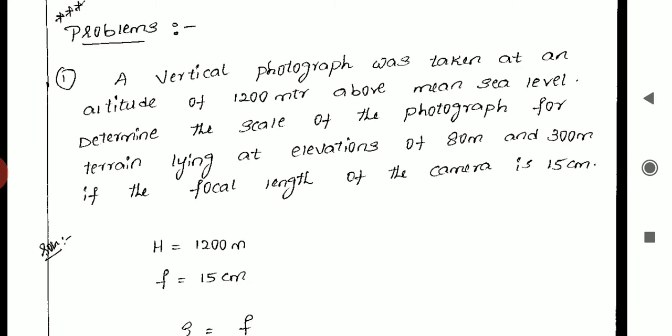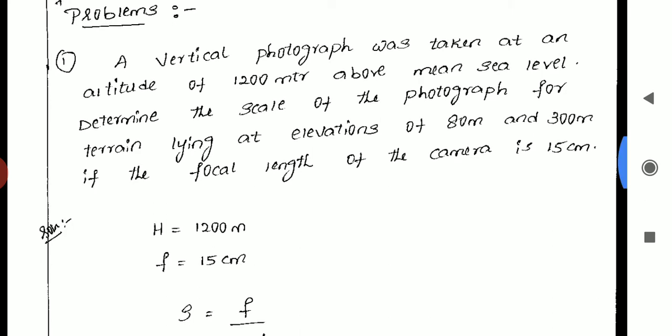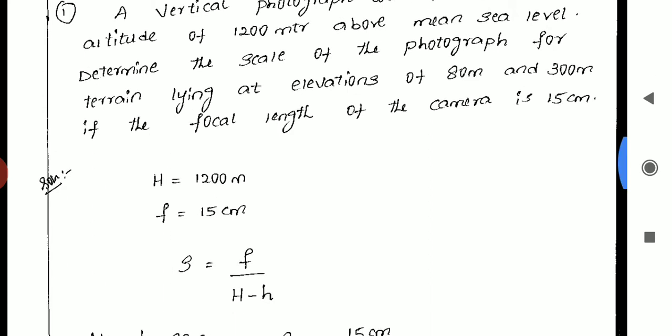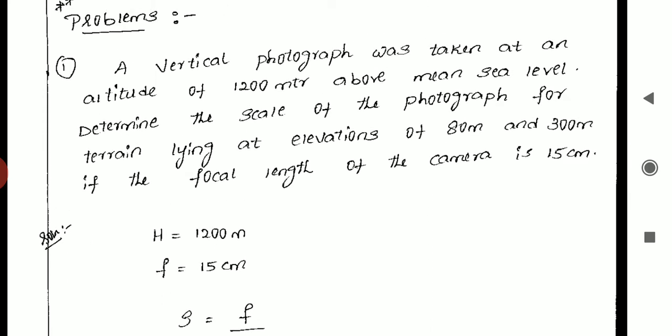Okay. First problem: a vertical photograph was taken at an altitude of 1200 meter above mean sea level. Determine the scale of the photograph for a terrain lying at elevations of 80 meter and 300 meter, if the focal length of the camera is 15 centimeter. Okay, see here.